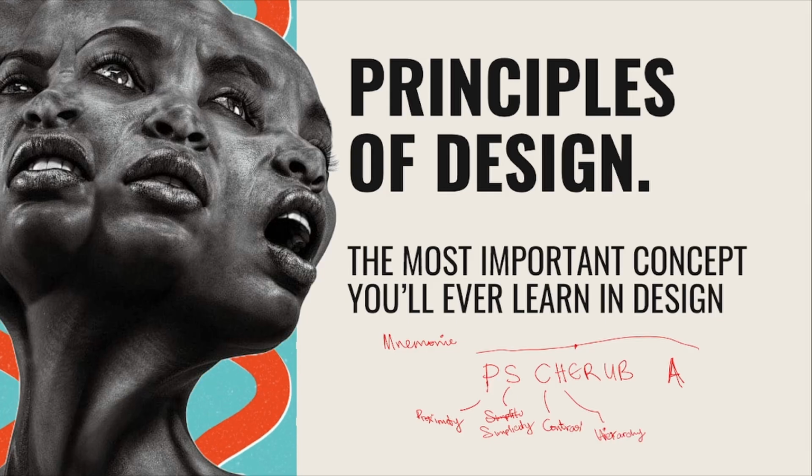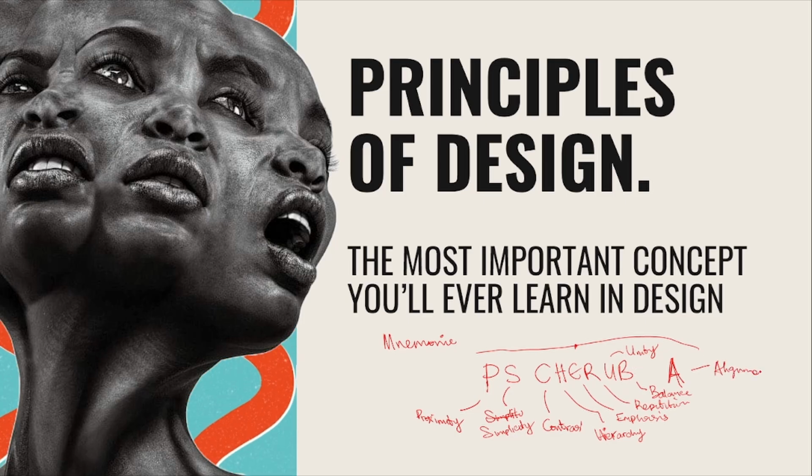I don't know if it is IE or EI. And E is emphasis. S stands for repetition. U stands for union or unity. B stands for balance, and A stands for alignment.